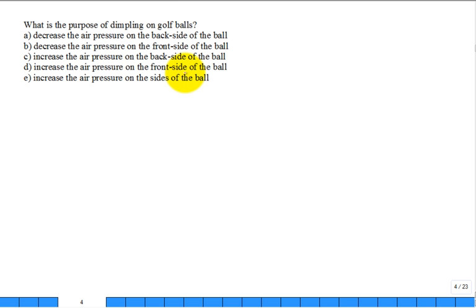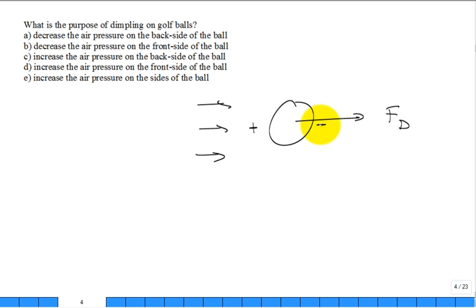Okay, so we talked about the golf ball. And a lot of the drag, let's say this is the direction of the drag force because the air is going that way on the golf ball, was because you had a high pressure here and a low pressure there. The dimpling is going to do what to the drag? Reduce the drag force. How would it reduce the drag force? You could either reduce the high pressure in the front or increase the low pressure in the back.